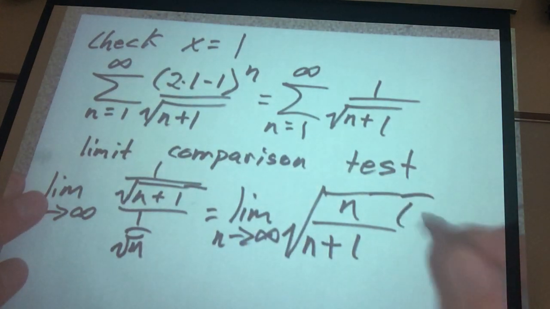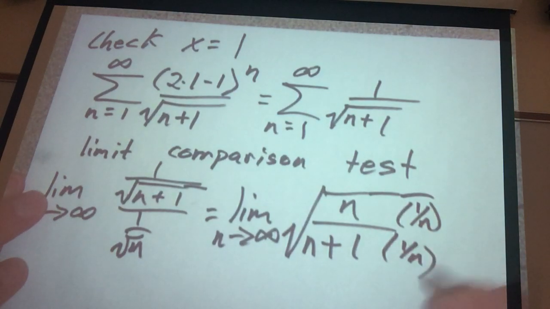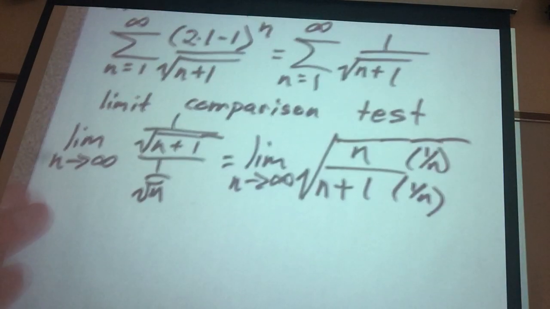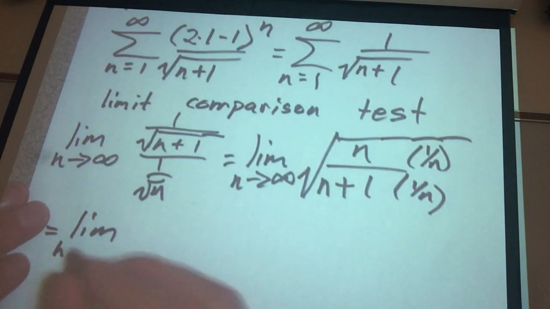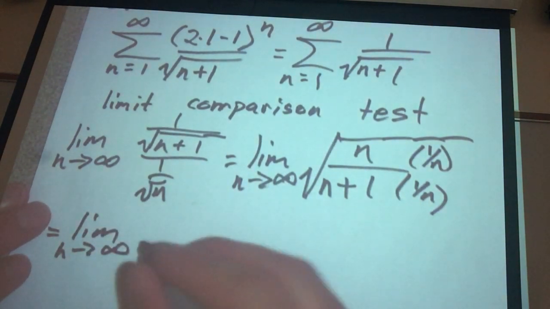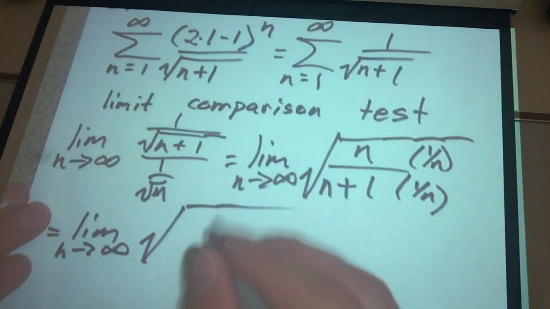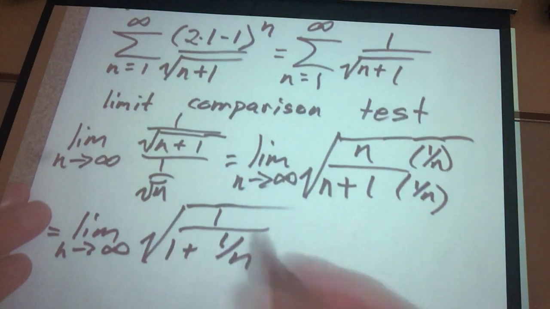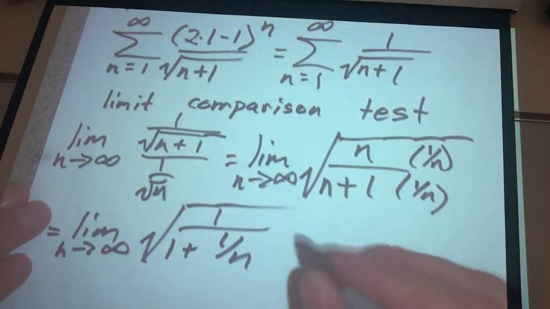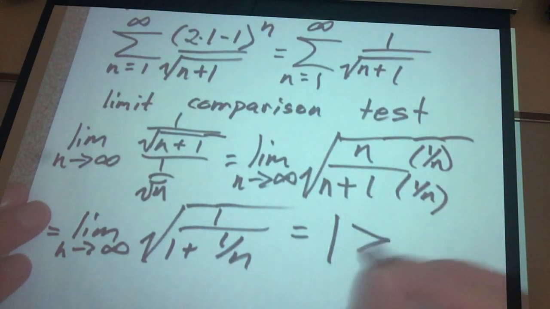Then I could divide by n on the inside of the square root, which would equal the limit of the square root of 1 divided by 1 plus 1 over n. As n tends towards infinity, 1 over n tends towards 0, so this will tend towards 1, which is greater than 0.